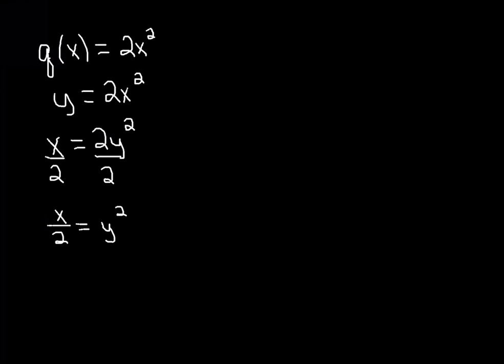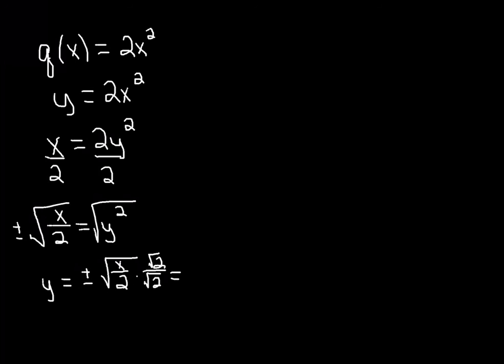And to get rid of a square, we take the square root. And when we take the square root of something, remember, it's actually plus or minus. So y is equal to plus or minus the square root of x over 2. Now, we've also been taught that we can't have a radical in the denominator, so we multiply this by the square root of 2 over the square root of 2.